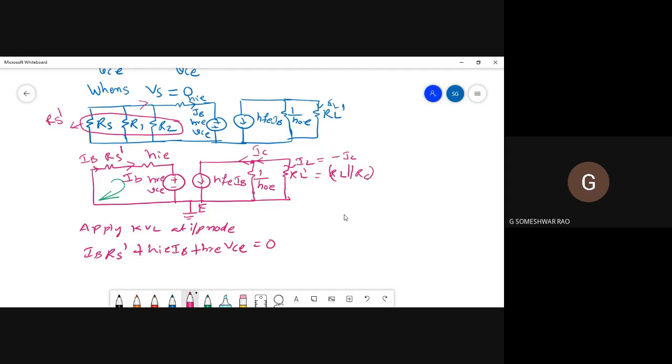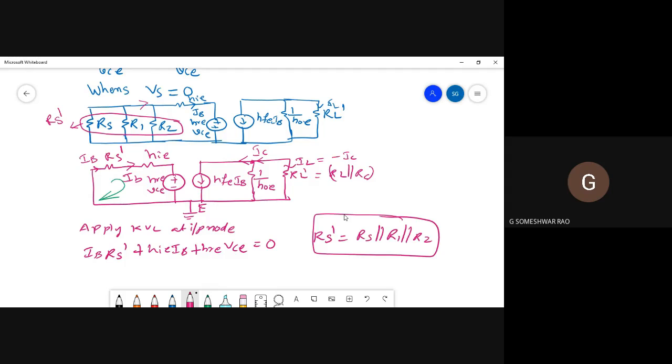Am I correct, sir? Yes, sir. RS dash is equal to RS in parallel to R1 in parallel to R2. Please make a note. Please write IB into RS dash plus hie into IB plus hre into VCE.